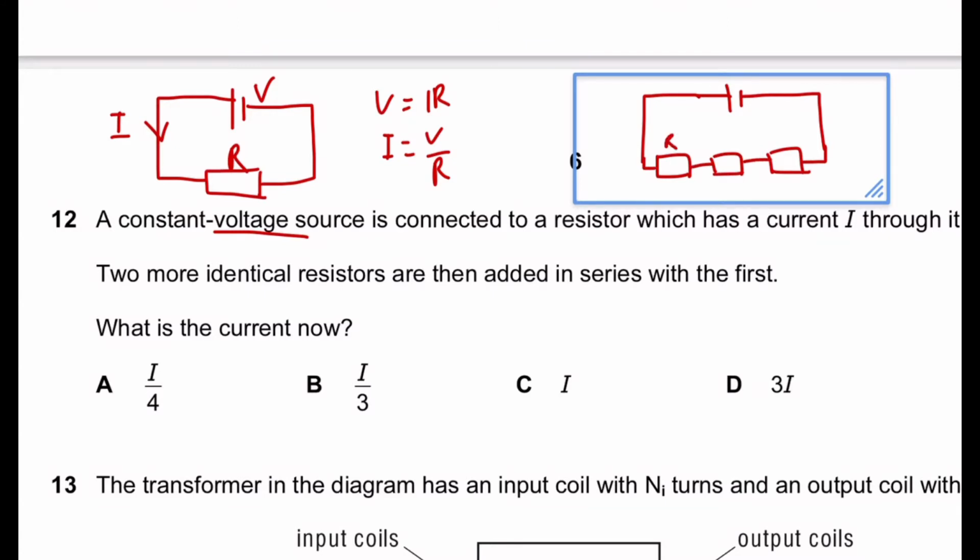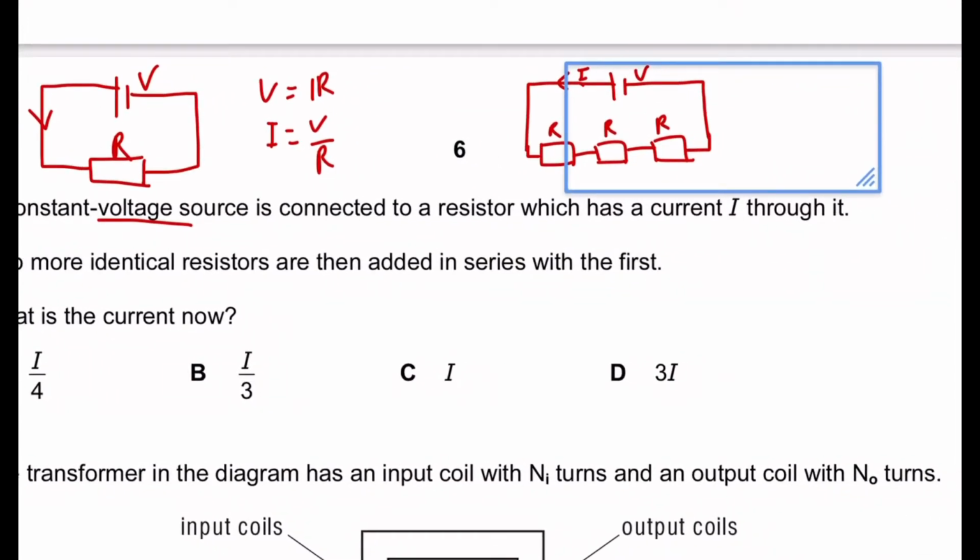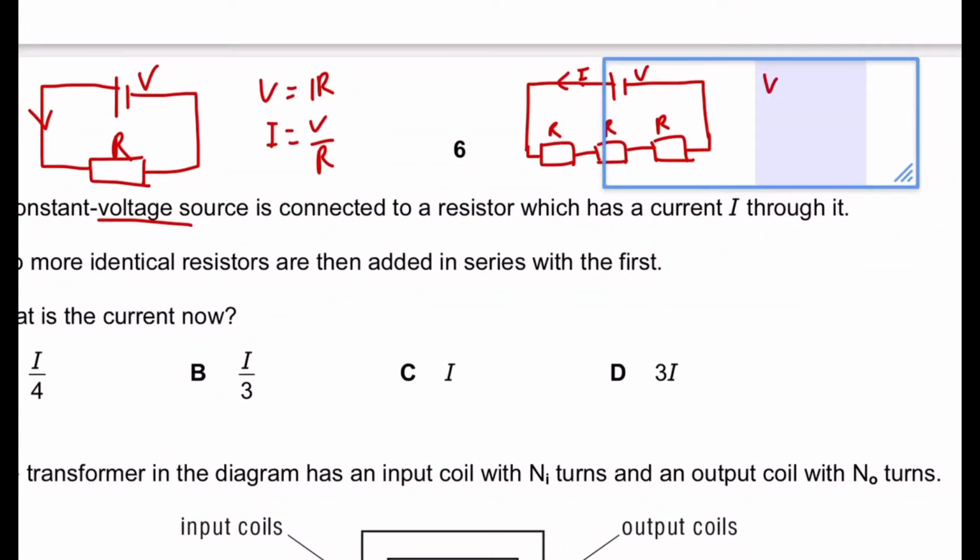Right here, R, V, but we don't know the I. Again, with the same formula, V equals IR, we're trying to identify what is I, V divided by R. I know it's the same as the first one, but hold on.